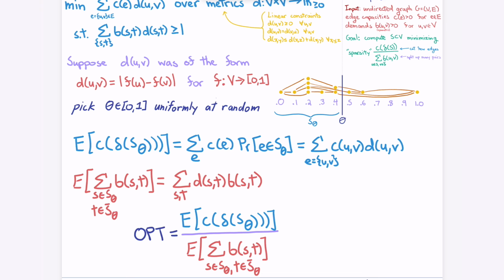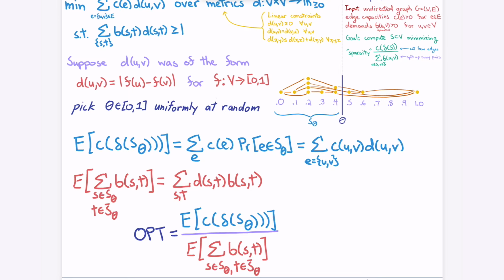So we've shown at some level that the expected size of the cut divided by the expected spread is optimal. Are we happy? Well, this is just a fact coming from this being exactly equal to this, and this being exactly equal to this, and this divided by this being exactly equal to opt. So at this point, we haven't cheated.